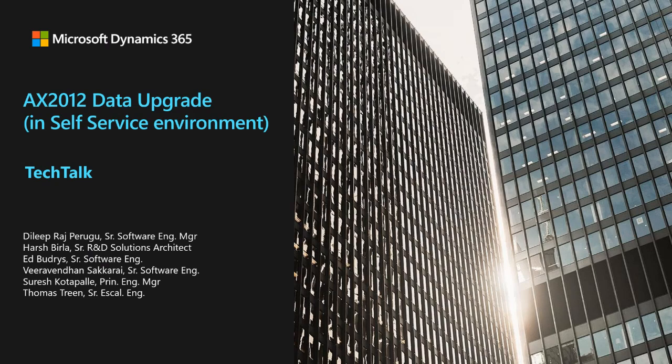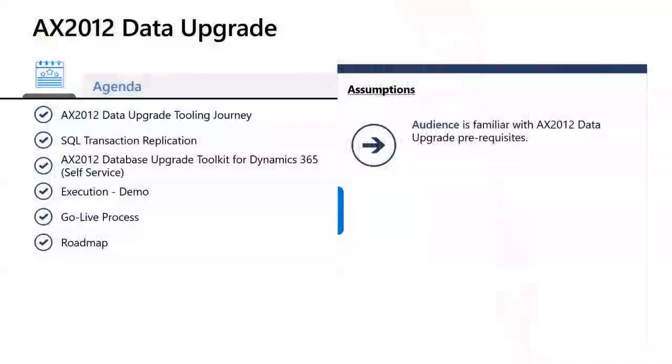Without further delay, let's go ahead and talk about agenda. What we are going to cover today is the AX2012 data upgrade tooling journey, looking at the various toolkits that we had from an AX2012 data upgrade perspective. Talk about our latest investment using SQL Transaction Replication.